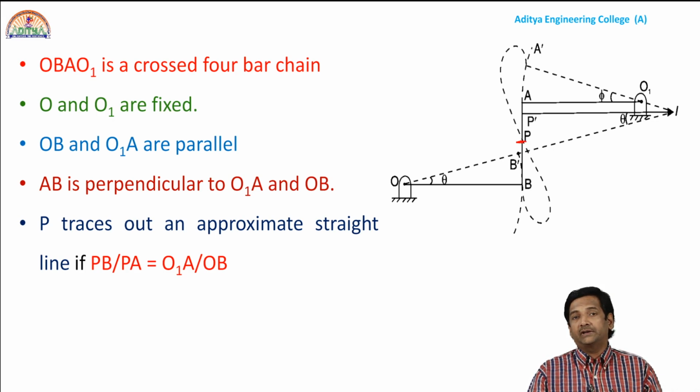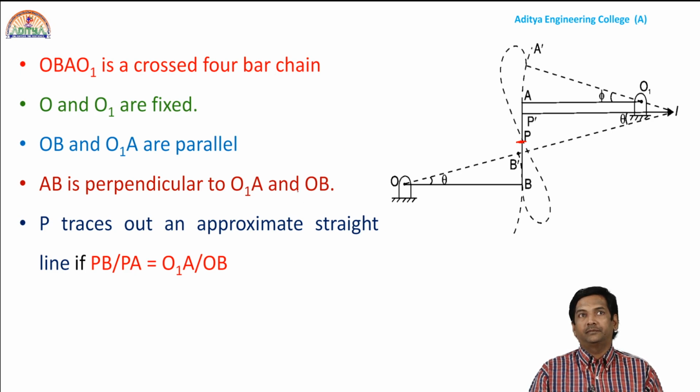Now, the condition for this point to trace an approximate straight line is that PB by PA, that is this ratio, should equal O1A, this link length, divided by OB. It is not mentioned that OB and O1A are equal. They are parallel, but they may not be equal because P is not the midpoint of AB.